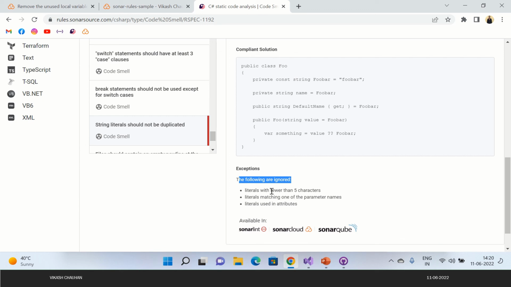First one is a literal with fewer than 5 characters, like if your constant or literal is less than 5 characters, then it will be ignored by the Sonar scanner. Second, a literal matching one of the parameter names. Third one is a literal used inside an attribute class. So these are some exceptions which are not caught or covered by the Sonar scanner.